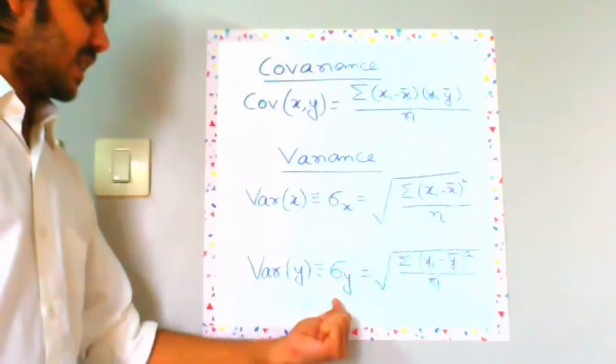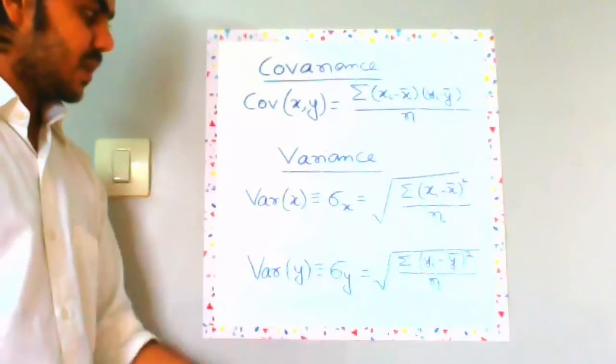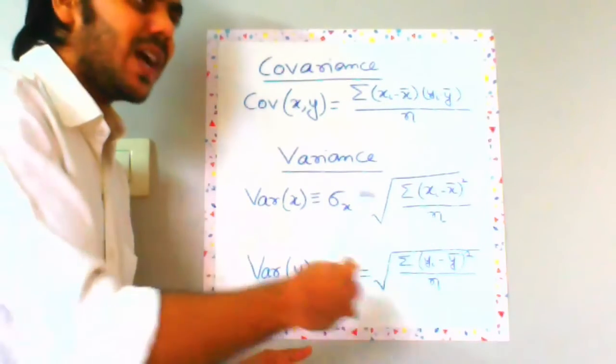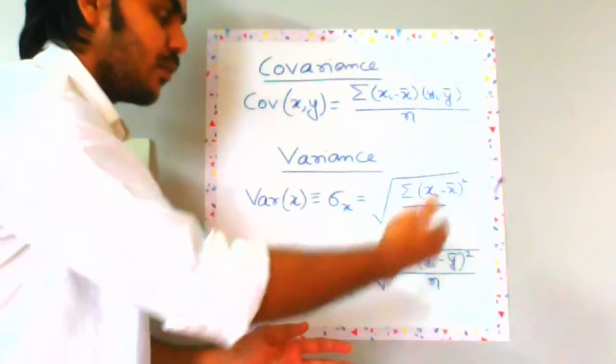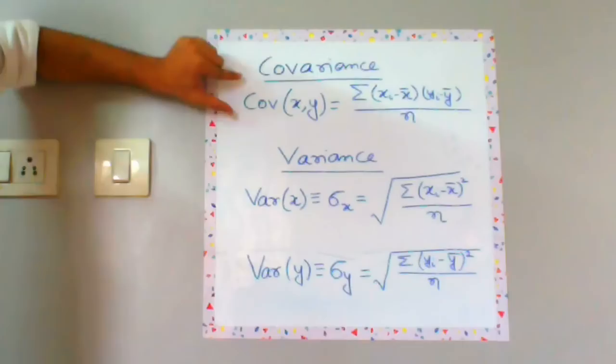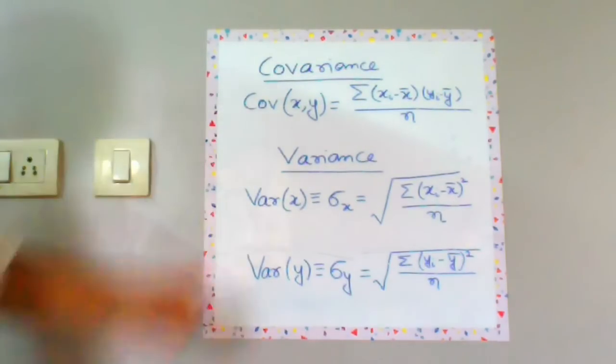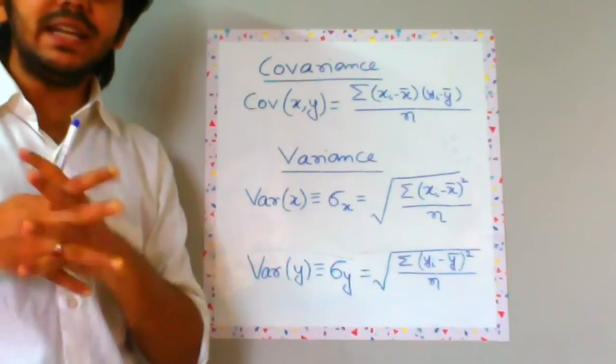Similarly, the standard deviation of y, sigma y, is equal to square root of sum of the squared deviations in y upon number of observations.